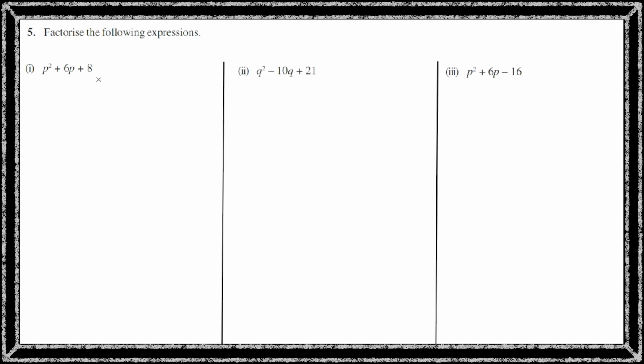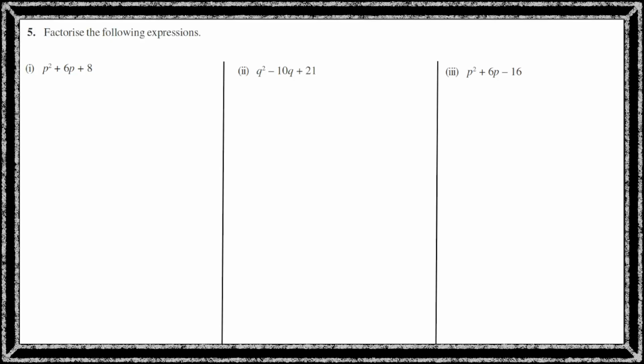So next sum, we are using the expansion of (x + a) into (x + b). You have 3 terms in the given question, and you will see that among these 3 terms there are no perfect squares. Like 8 is not a perfect square, p square is, but 8 is not.